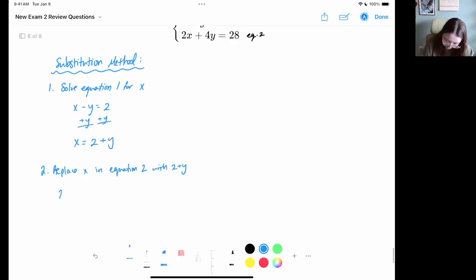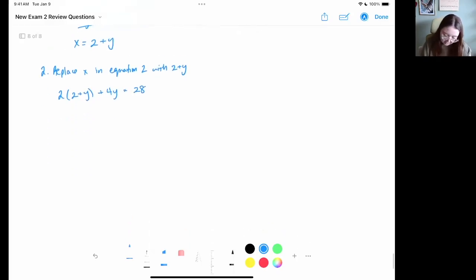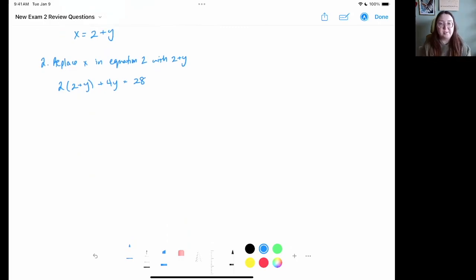So equation 2 is 2x, but instead of x, it's 2 plus y, plus 4y equals 28. We're going to solve this for y. So we're going to multiply out our 2 here. 2 times 2 is 4, 2 times y is 2y, plus 4y is equal to 28. So 2y plus 4y is 6y.